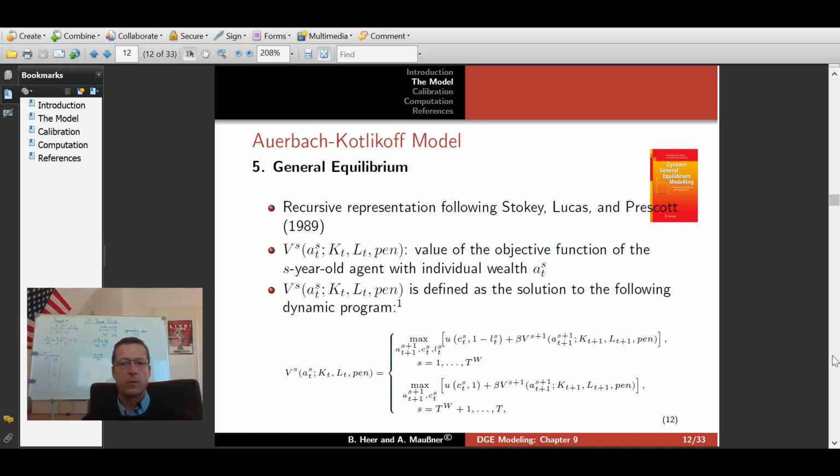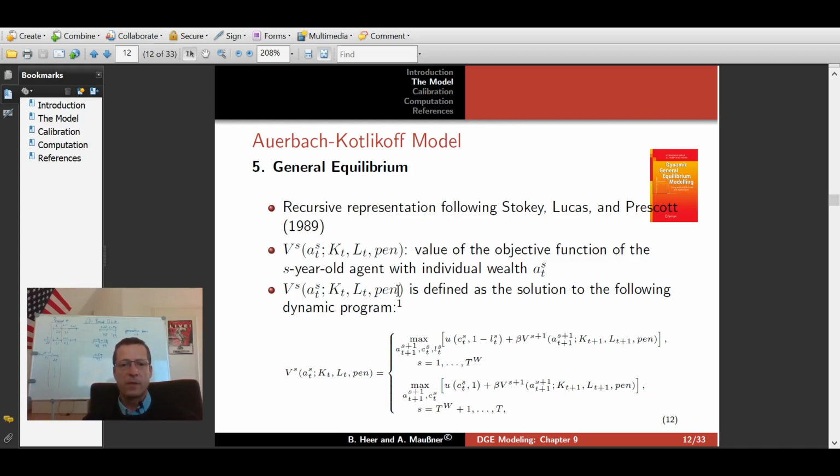Many researchers drop these aggregate variables. We will use them to make things a little clearer, especially if we later consider the dynamics in our economy, where the aggregate variables may change. So we compute the value function in the second video as a function of the individual asset a_s,t for given capital stock, aggregate labor supply, and pensions.